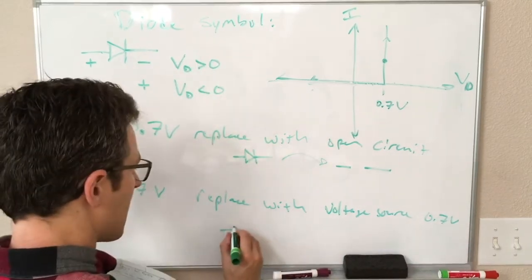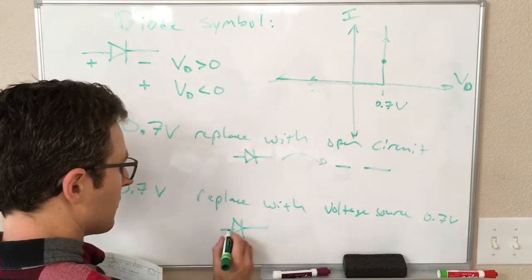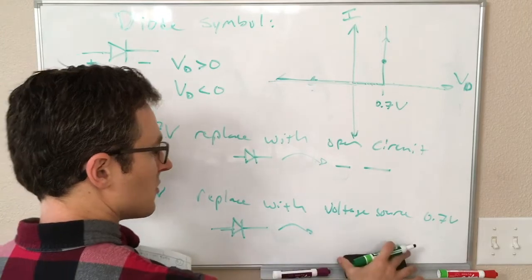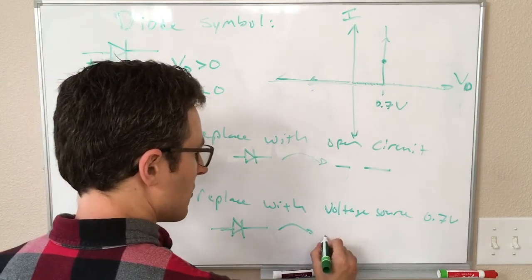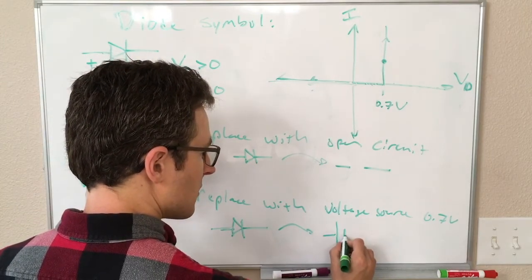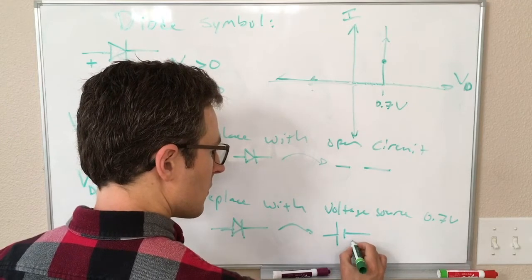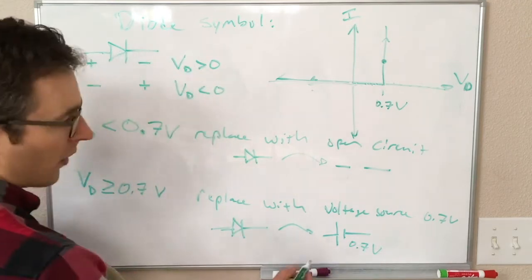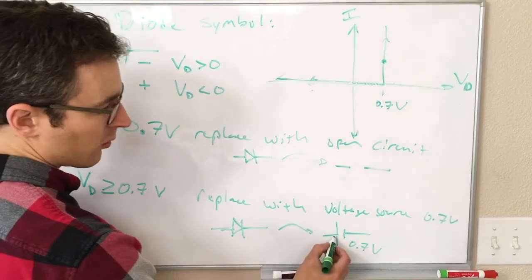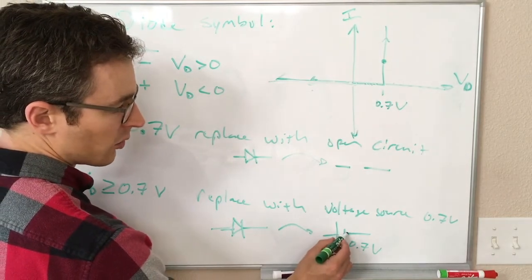So in other words, our diode that looks like this, we are going to replace with a voltage source that looks like this, where here we're going from left to right, from the high voltage side to the lower voltage side.